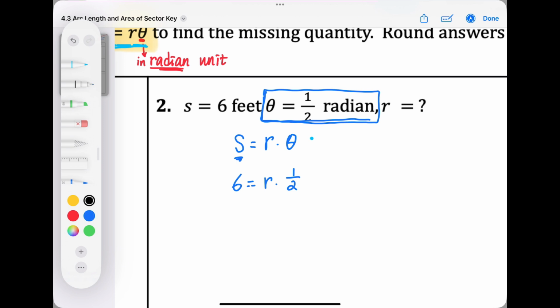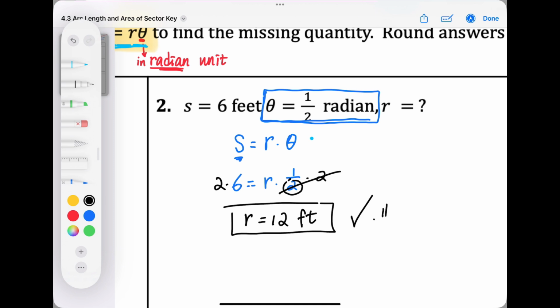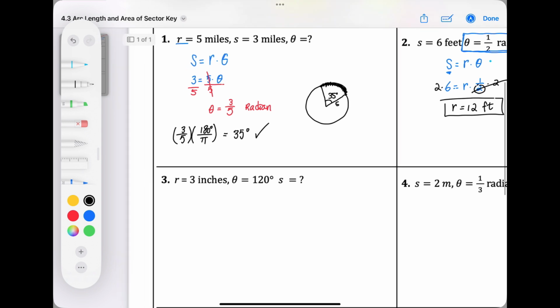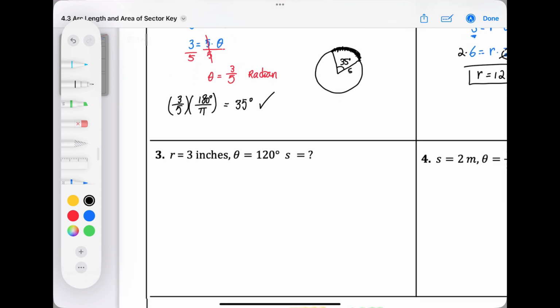That's it. Now, if you say no calculator, divide by 2, I'm going to times both sides by 2. So therefore, the opposite cancels out the 2. So I got R equal to 12. Now, apples or donut, what is my unit? We are talking about feet. So what you see is what you got. Perfect. Moving on, number 3.